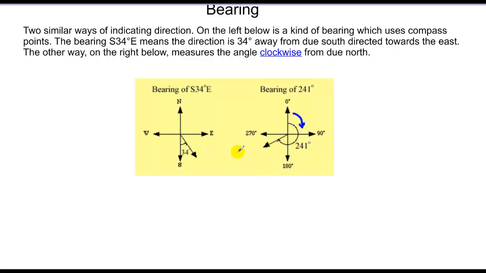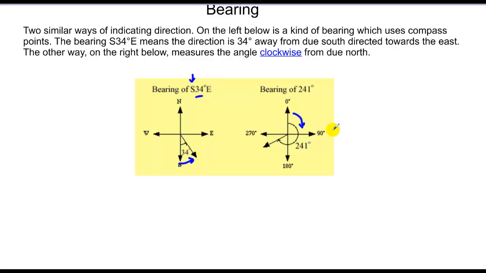Another way of stating bearing is in this directional fashion, in other words, south 34 degrees east. What that means is start at the initial direction, south, and then go 34 degrees to the east. So that's another way of stating bearing, where you start, how many degrees you move, and in which direction you move towards.